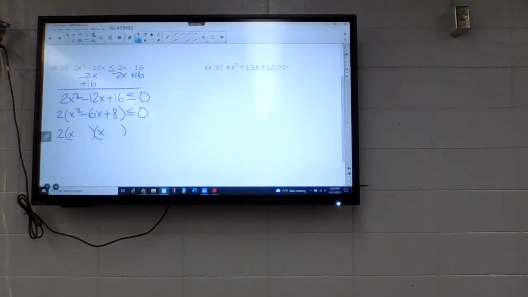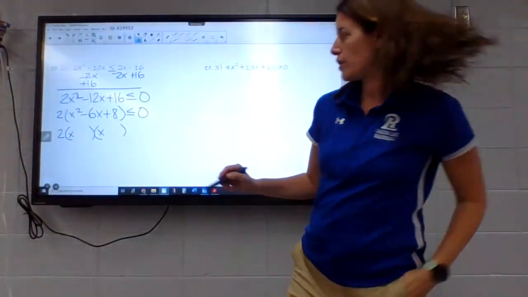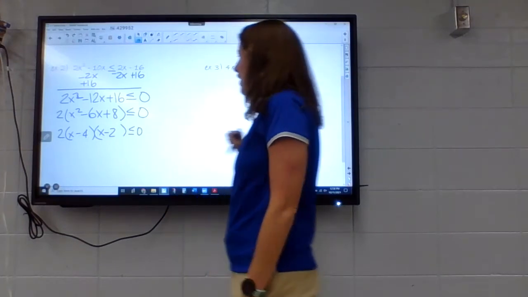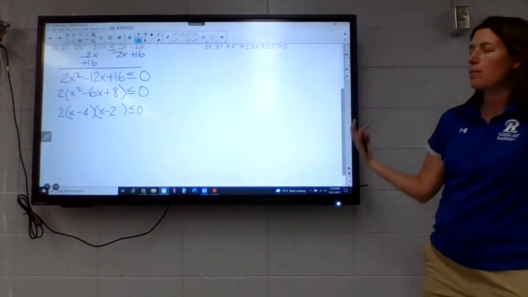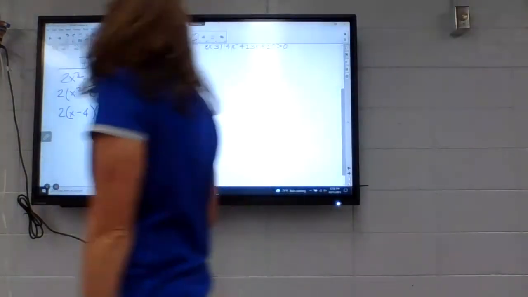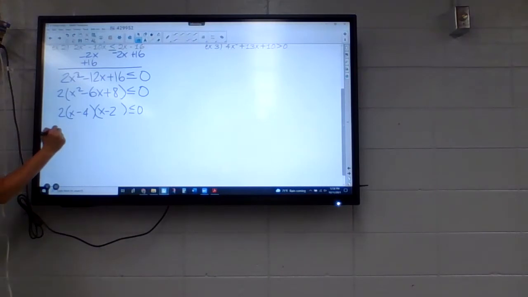Multiply to get 8, add to get -6. -4, -2. And remember, we're not really solving this right now, we're just finding those important critical points, so those points that tell me what to put on my number line. So our critical points are going to be 4 and 2, yeah.